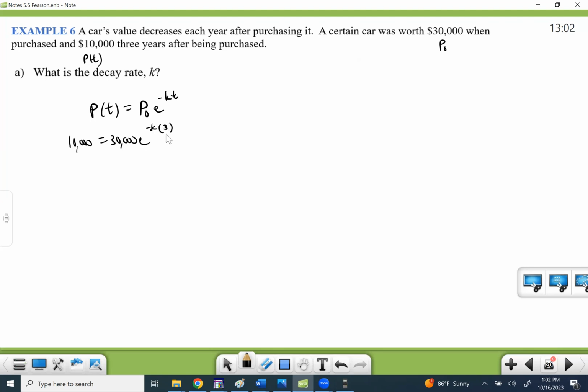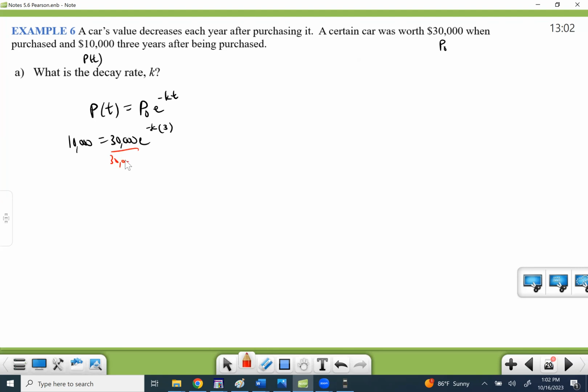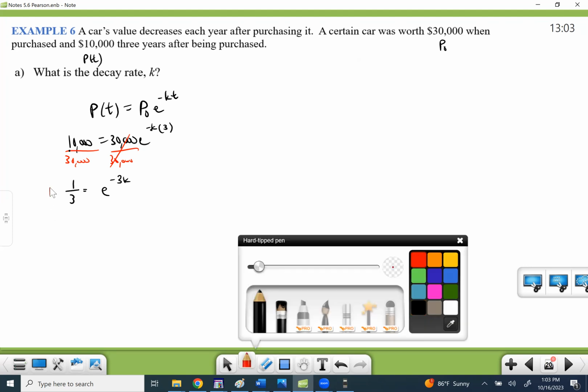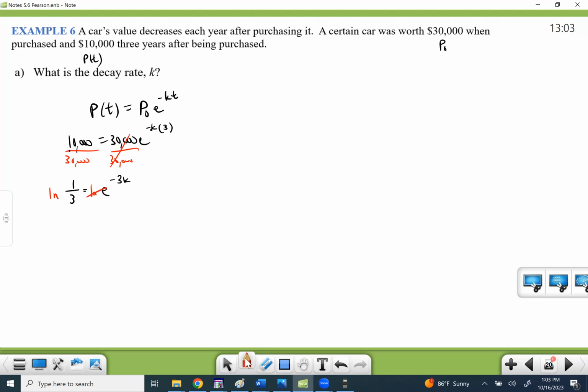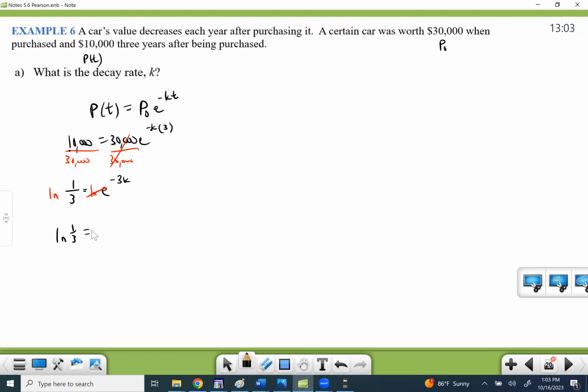We don't know the K. All right, so we're going to divide by 30,000 on both sides. I'm just going to get 1/3 here. And I'm going to make this negative 3K, you guys, so it looks a little nicer. Well, natural log. Just divide by negative 3.